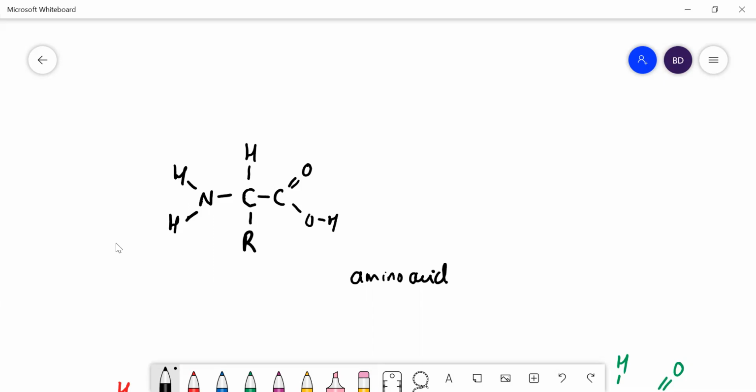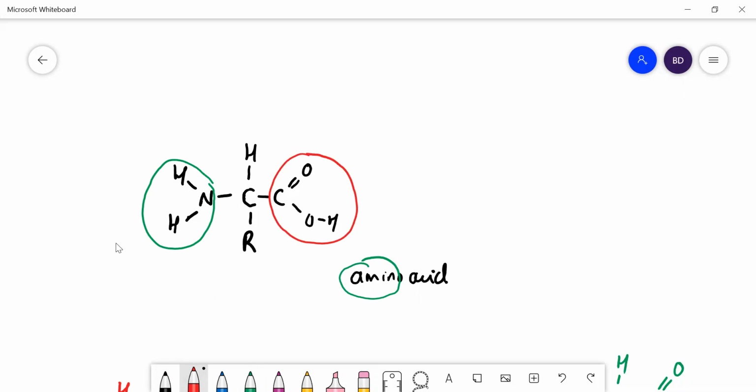Okay, so amino acids, you can see that we've got the usual rules here: carbon forming 4 bonds, nitrogen forming 3, oxygen 2, hydrogen 1. And the reason why they're called amino acids is because you have this group here is the amine group, and this group here is the carboxylic acid group, which we've come across before in GCSE, ethanoic acid in vinegar.